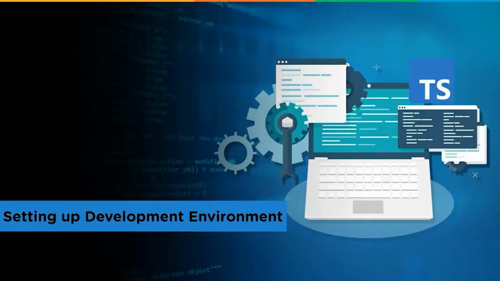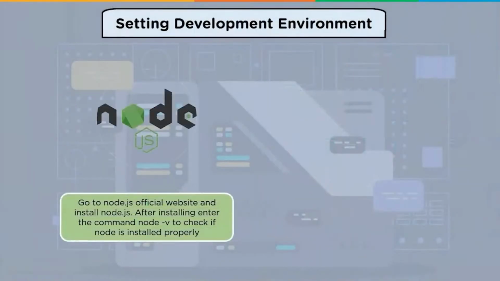Setting up the development environment. Firstly, we need to go to the Node.js official website and install Node.js. After installing, go to the command prompt and type the command node space -v to check if Node is installed properly.